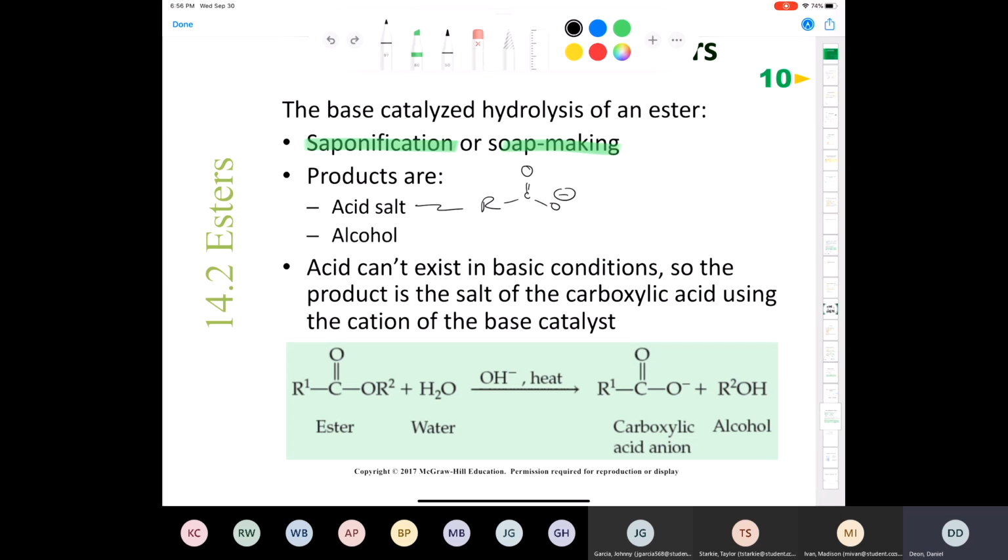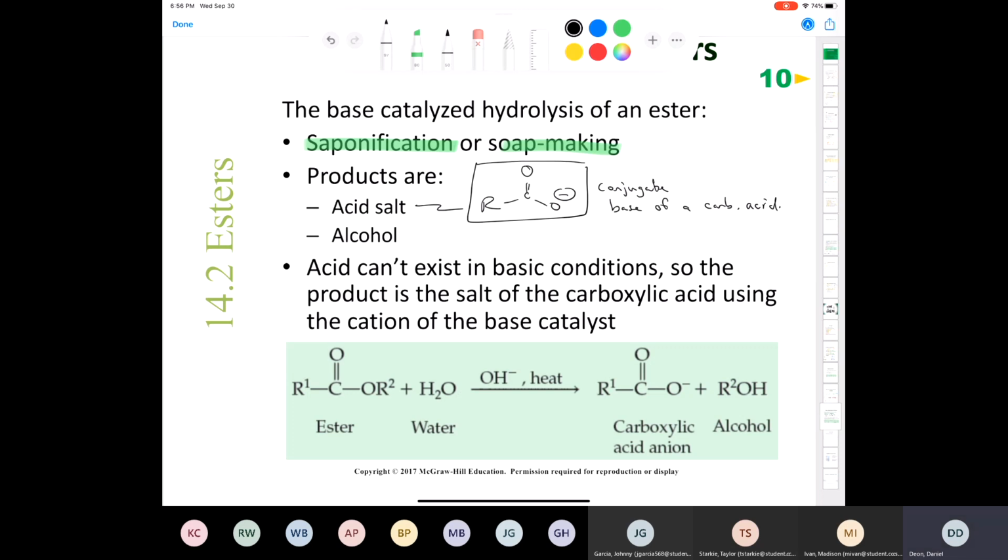Anyhow, this in itself is a base. Okay, you're like, well, that looks like part of a carboxylic acid, but it's not. It's what's left over when the carboxylic acid loses a proton. This is called a conjugate base. This is the conjugate base of a carboxylic acid.